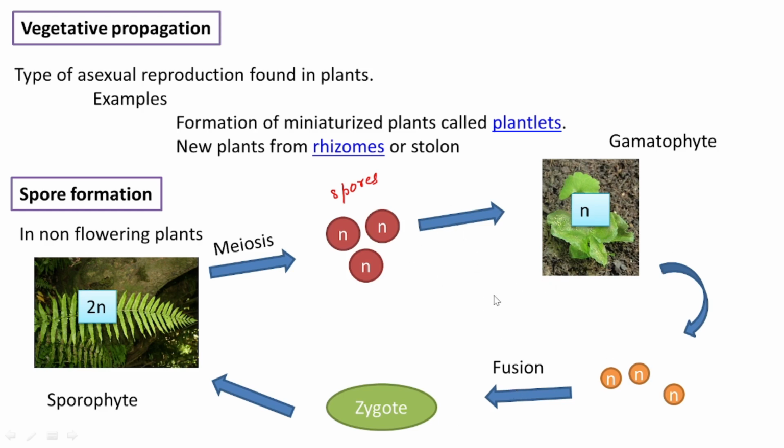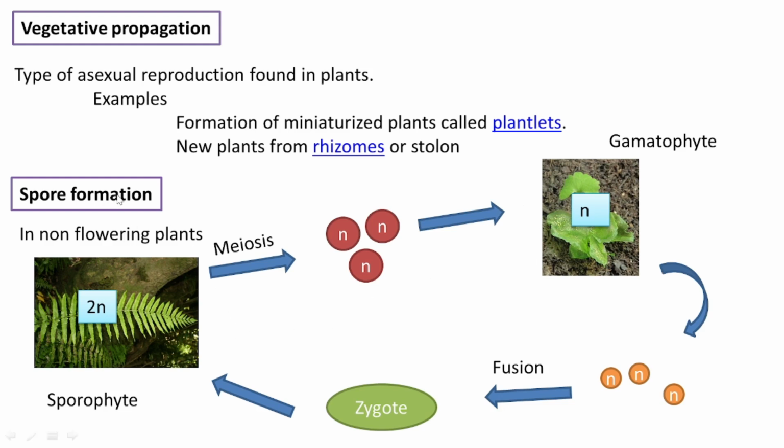So this type of reproduction we can call, in other words, alternation of generation. Why? Because meiosis and fusion occur in separate generations.